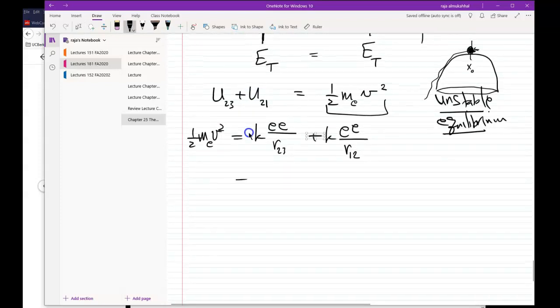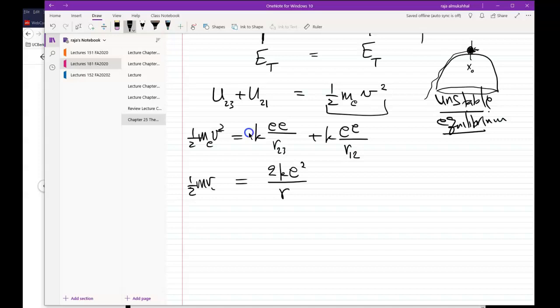So I can just add them up together, and this becomes 2k e squared over r equals 1/2 m_e v squared. Got that? And we can calculate all of this.